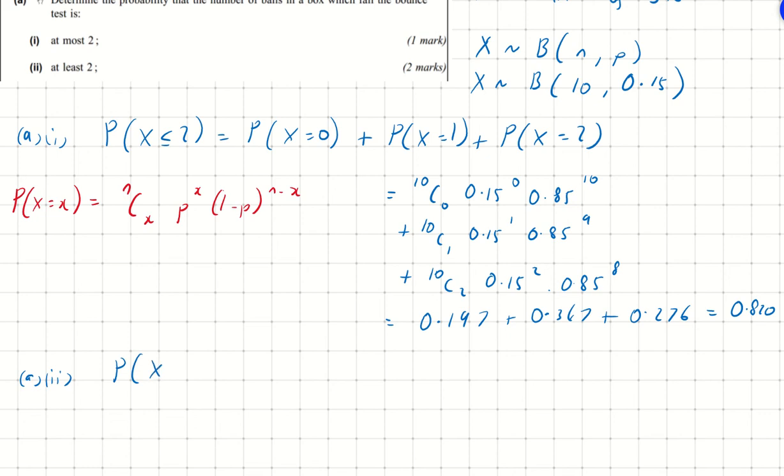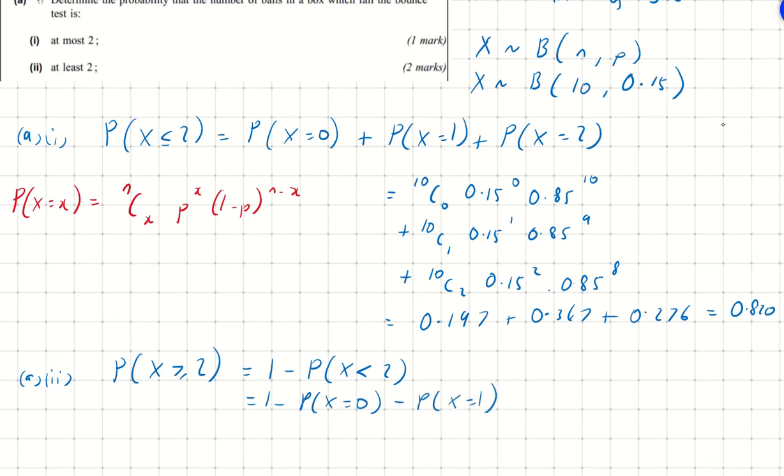That means the probability that x is greater than or equal to 2. Well, that's the same as 1 minus the probability that x is less than 2, which is 1 minus the probability that x equals 0 plus the probability that x equals 1.